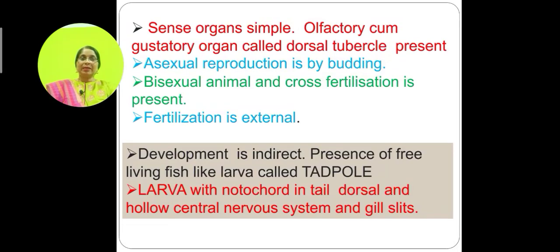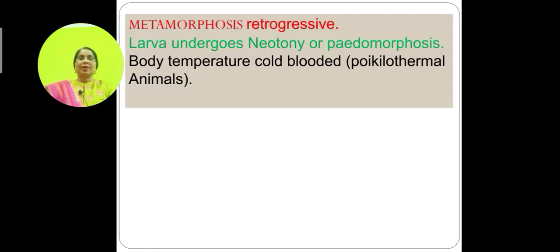Development is indirect, which means there is a larva, and the larva is fish-like, named the tadpole. The larva has notochord in the tail, a dorsal hollow central nervous system and gill slits. Metamorphosis is retrogressive, in which the tail disappears. The larva undergoes neoteny or pedomorphosis, and generally the body temperature is cold, so they are poikilothermal animals.